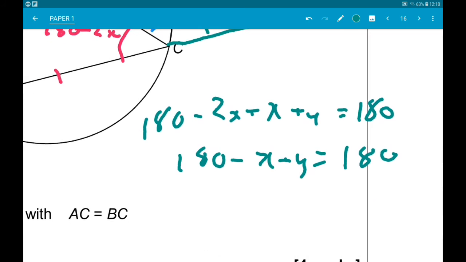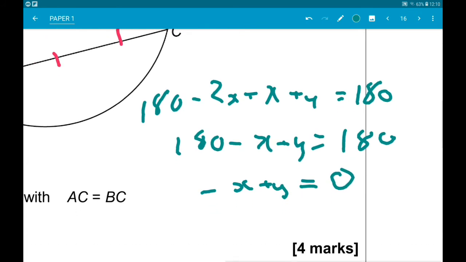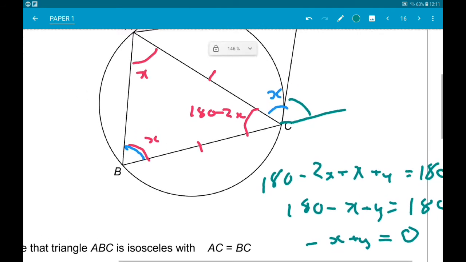So minus x add y is 0. So y is equal to x.